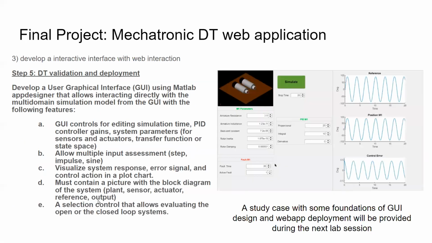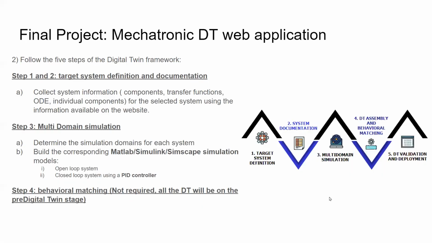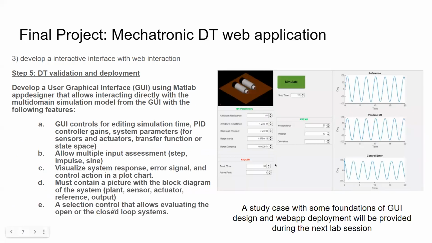However, the most important part, the core of this project, is the deployment of the digital twin. I mean, the final step. Up to this point, if you followed the tutorials and did all the previous lab assignments, you will be able to reach this point. However, one of the most important things of a digital twin is that it can be available online for interaction and also allow controller designers and engineers to understand how the system works.